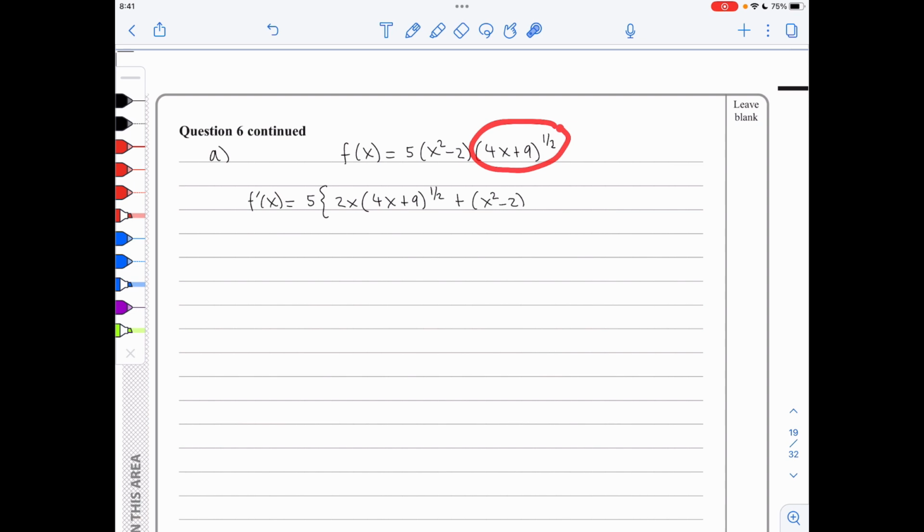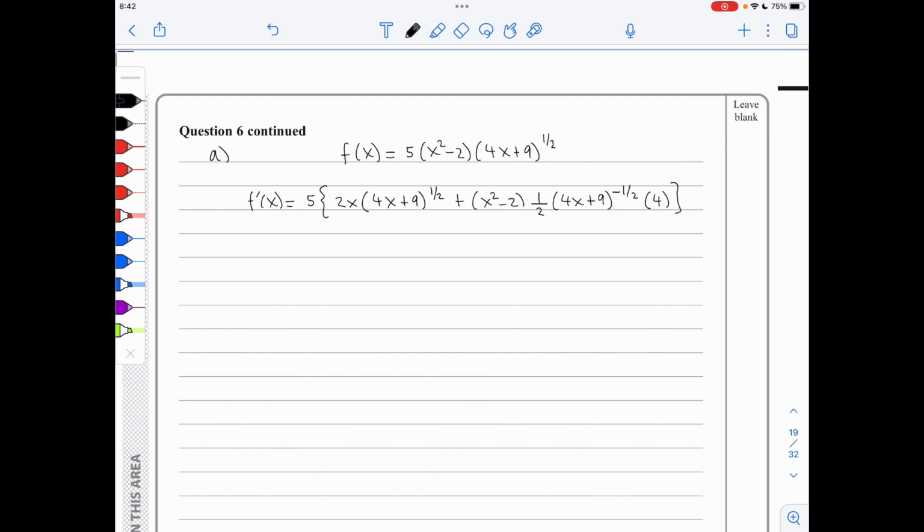The derivative of 4x plus 9 to the half is get the power down, deduct 1 from the power, so that's to the minus a half, times the derivative of the bracket, times 4.